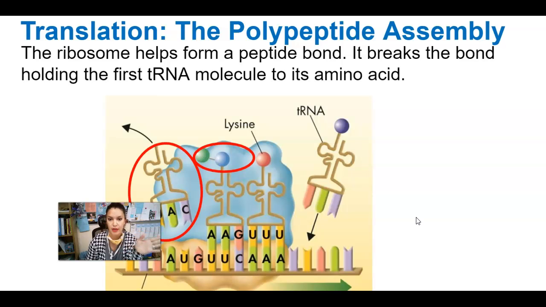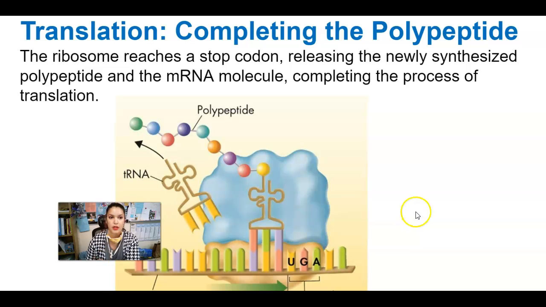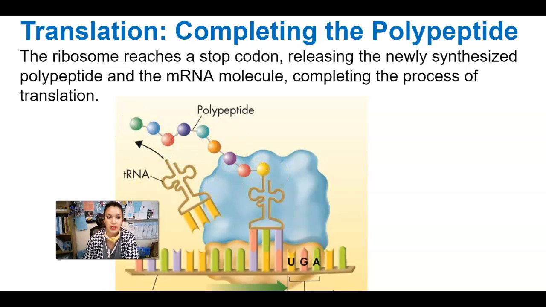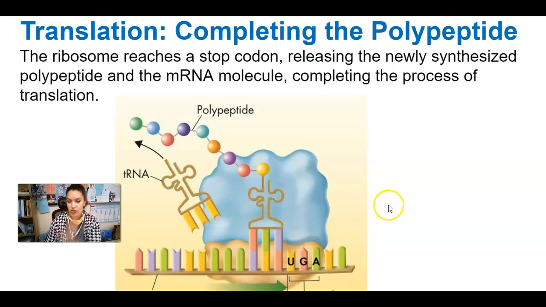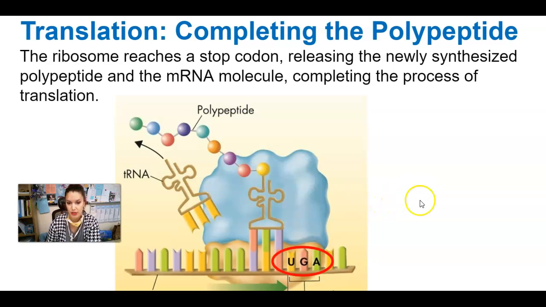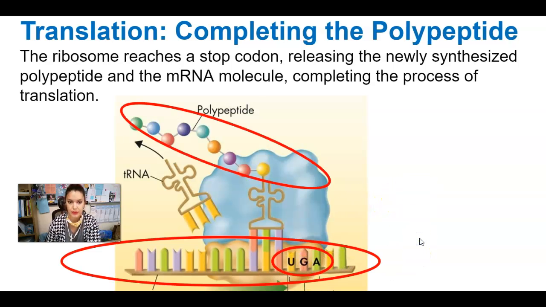Okay, the tRNA will drop it off and leave. The ribosome reaches a stop codon eventually, and that releases the newly synthesized polypeptide. So this polypeptide molecule is completed, and that is the end of translation. There's your stop. And there's your polypeptide up top, right there.